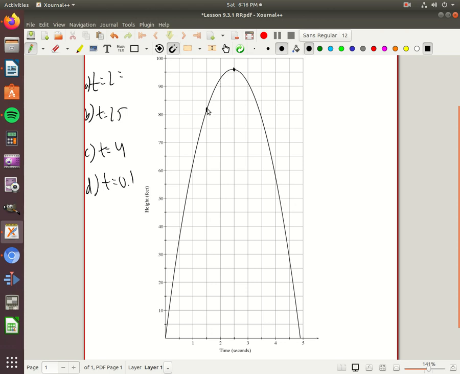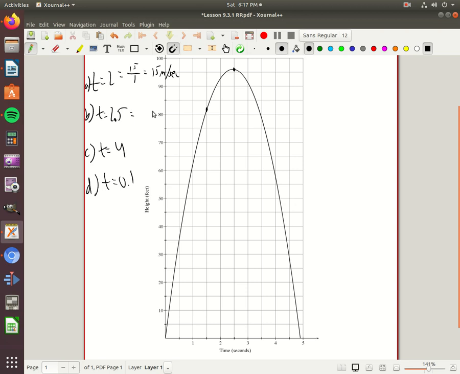My change in Y went from about 82 to about 97, so my change in Y is about 15. And my change in X is obviously 1, which is nice. So this is about 15 meters a second because I'm just dividing by 1.